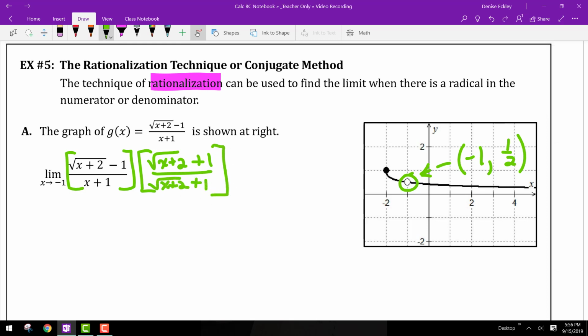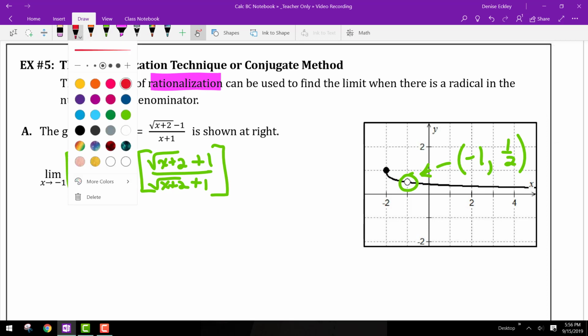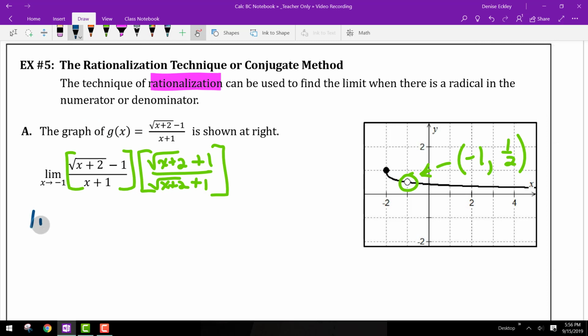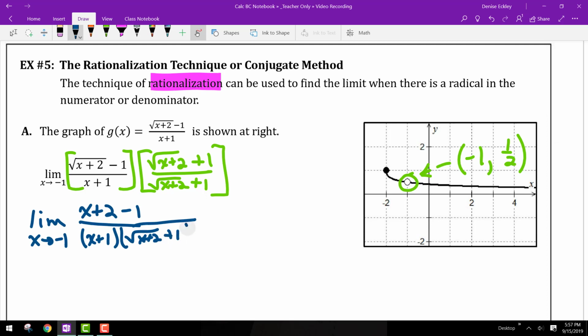When we do that, we get the limit as x approaches -1 of x plus 2 minus 1. In the denominator, we're just going to leave it the way it is for now: x plus 1 times the square root of x plus 2 plus 1.